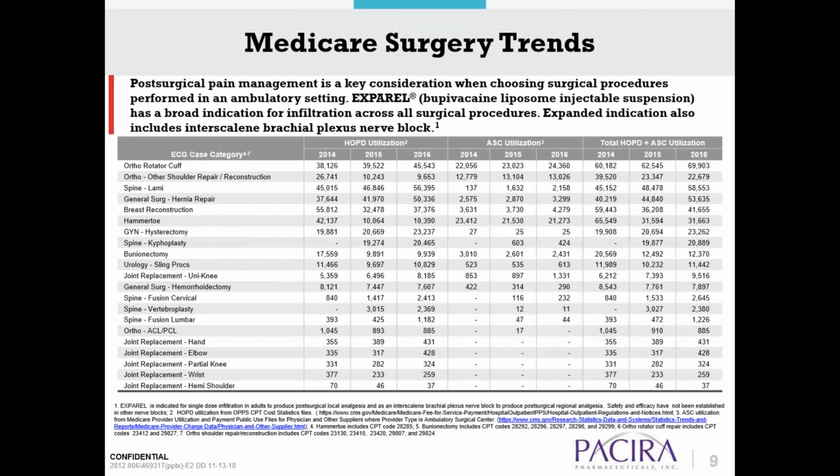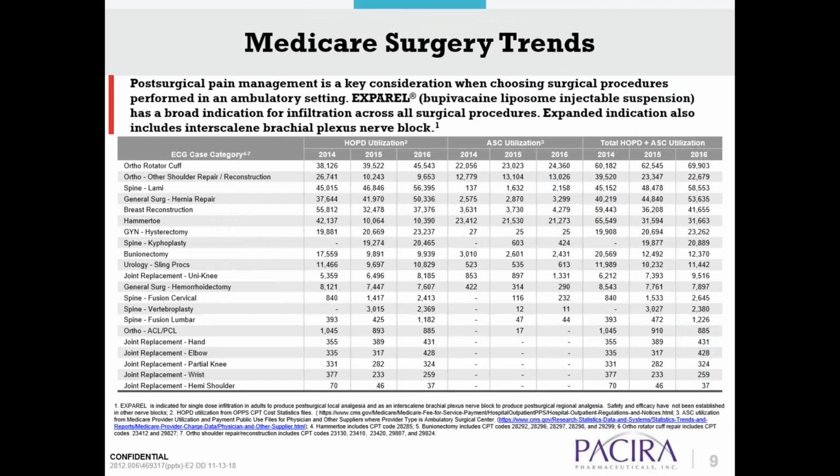And so as you can see, there's quite a few surgeries that are being done in the hospital, but then have also migrated over to the ASC or are migrating and growing. And many of these may be surgeries that Exparel would prove to be beneficial to the patient.